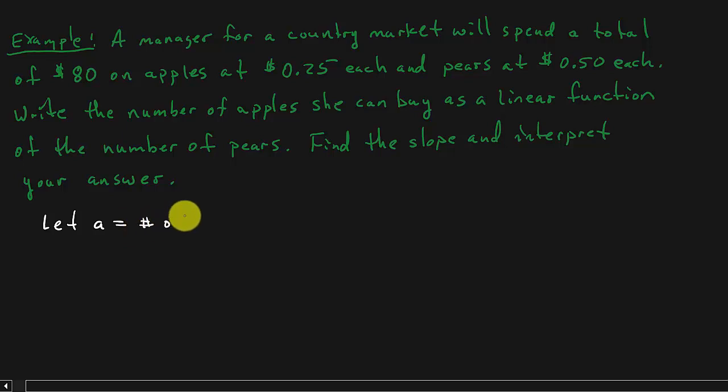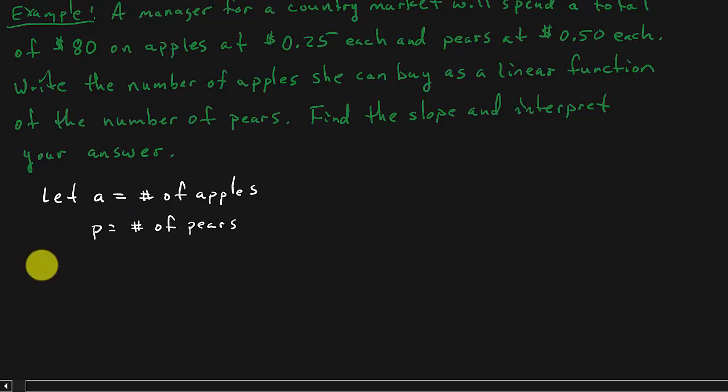A equal the number of apples, and let P equal the number of pears, then the cost of an apple times the number of apples plus the cost of a pear, which is 50 cents, times the number of pears is equal to $80.